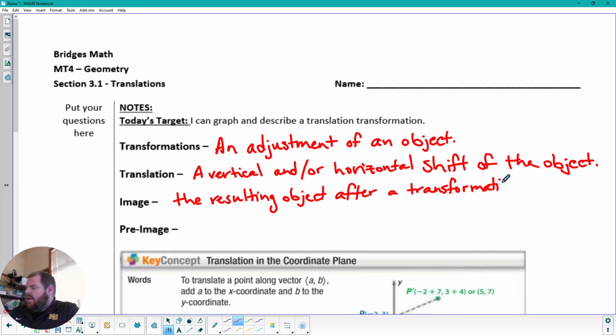So this is what you get after you transform it. You might think of this as Optimus Prime, right? This is him standing up.